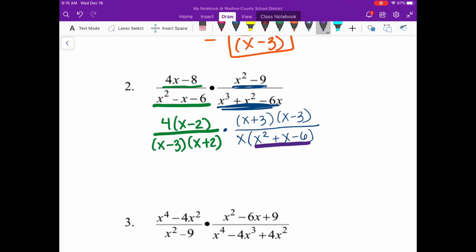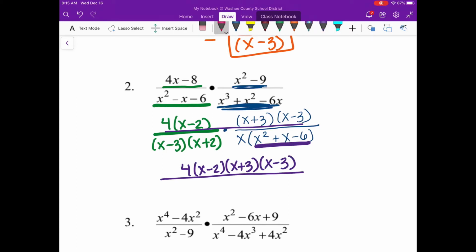I'm going to rewrite it as one fraction just so you can see what I mean, but you do not need to combine them into one fraction here. My numerator is just all of the things at the top, right? So then this is 4, x minus 2, x plus 3, x minus 3. This is the step that you can skip, just putting it all in one fraction.